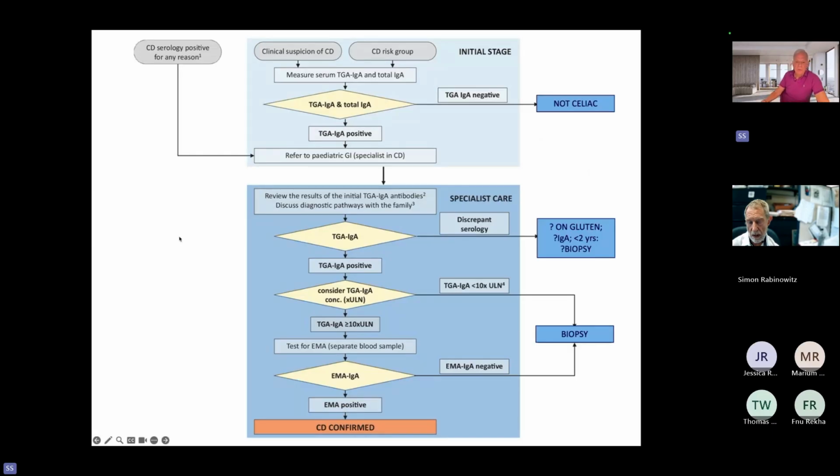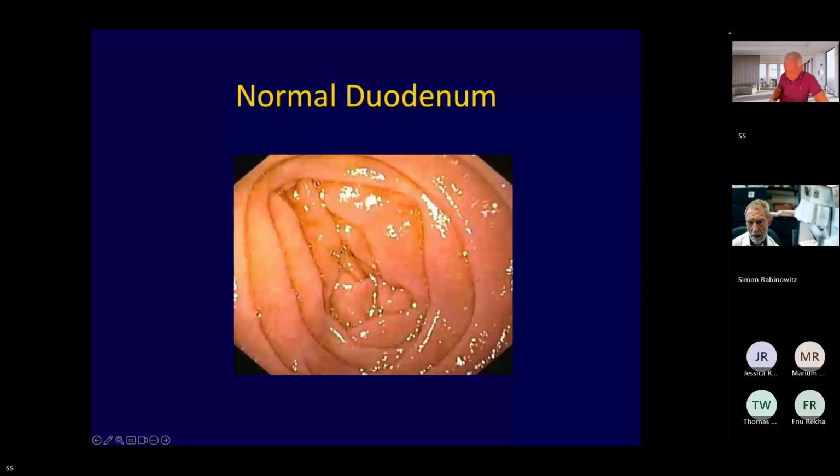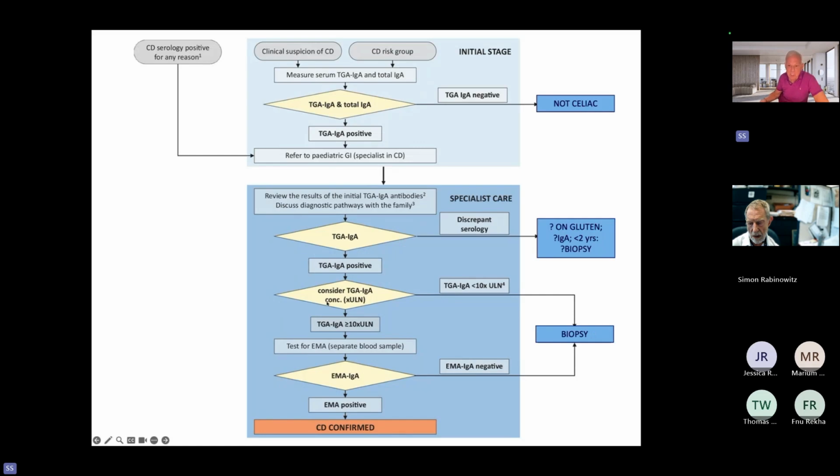So to review again, the follow-up of that study, if the celiac disease serology is positive for any reason, should be seen by a pediatric GI specialist. TTG positive, consider how much it is above the upper limit of normal. If the TTG is greater than or equal to 10 times the upper limit of normal, get an anti-endomysial antibody.